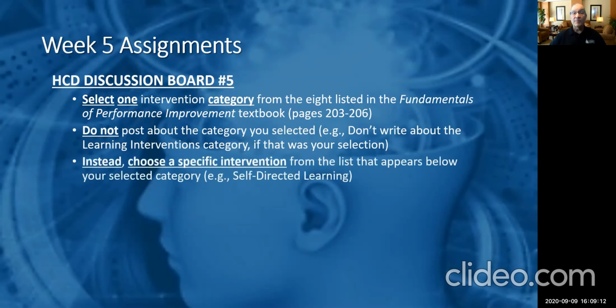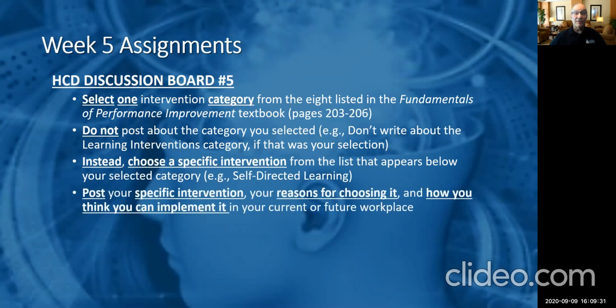Instead, choose a specific intervention from the list that appears below your selected category on those pages in the textbook. For instance, if you selected learning interventions as a category, you might decide to do your discussion post about self-directed learning. You'll post your specific intervention, your reasons for choosing it, and how you think you can implement it in your current or future workplace.